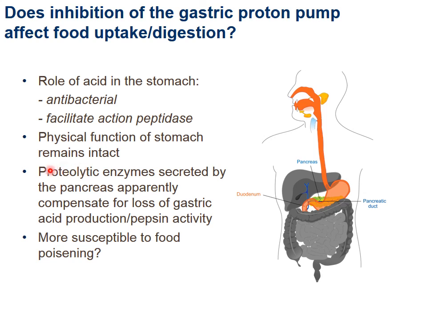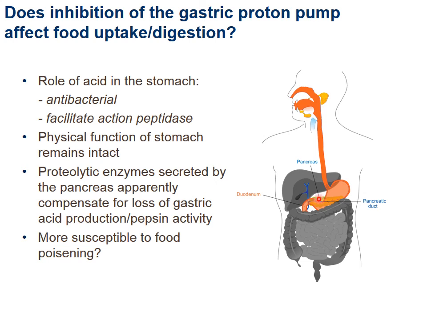And secondly, it can be understood by the fact that many proteolytic enzymes that are involved in the degradation of proteins are secreted by the pancreas into the small intestine, and so evidently the secretion of pancreatic enzymes can compensate for the loss of the peptidase activity in the stomach when proton pump inhibitors are used.